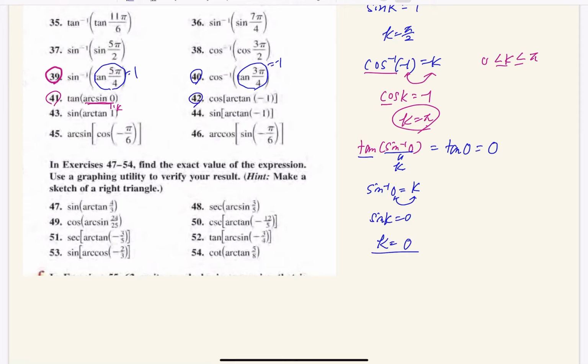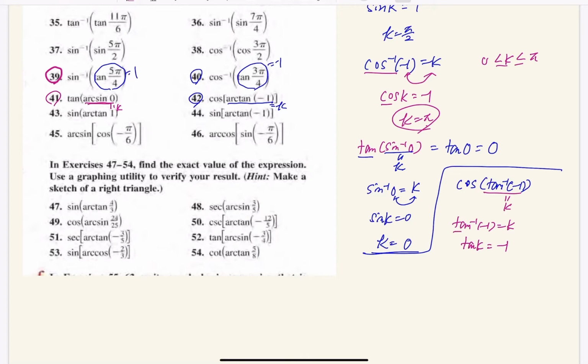Next, 42. Cosine arctangent negative 1. This is an inverse expression, set up k for that. So tangent inverse negative 1 equals k, which means tangent k equals negative 1.